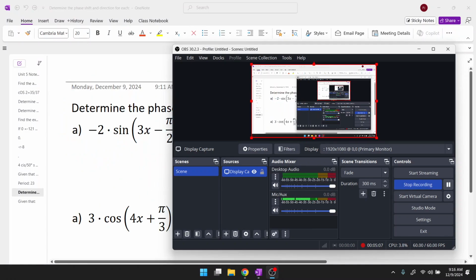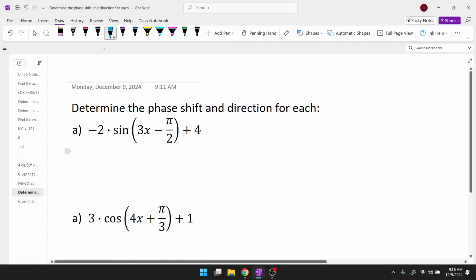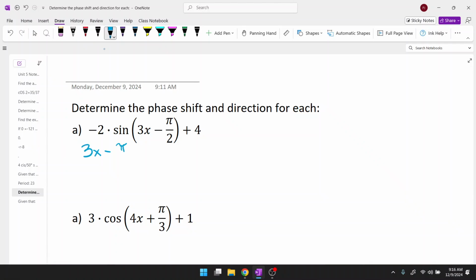And the other one, for the second one, that'll end up going to the left here. So basically, you just simply set the argument equal to 0. 3x will equal pi over 2. And we can multiply by 1/3. But x is going to be pi over 6 to the right.